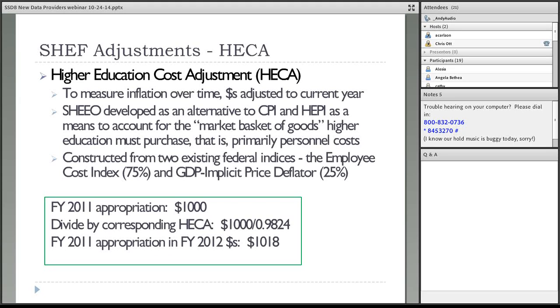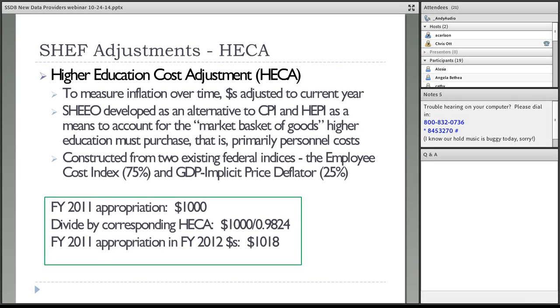We wanted to develop a means to account for the market basket of goods that higher education must purchase, and most of that is salaries for professors and faculty and staff, personnel costs. So we created HECA using these 2 existing appropriations, and what we do is we take the dollars up to the current year.